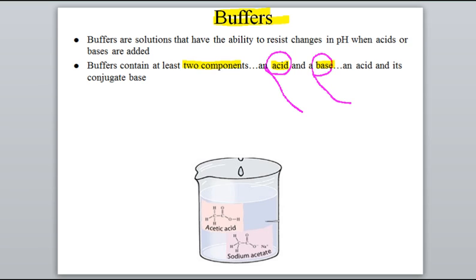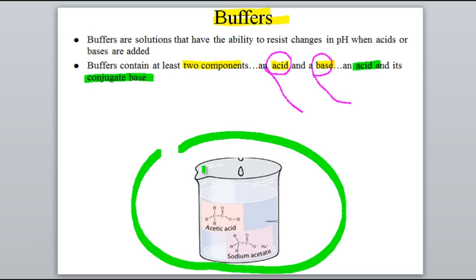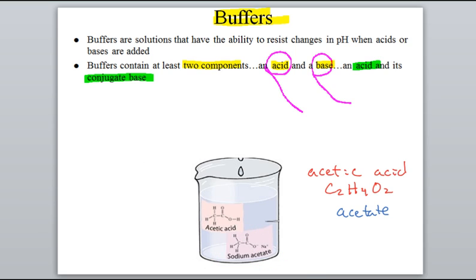When you make a buffer solution, you choose a weak acid and its conjugate base. So in our example down here, we have acetic acid and sodium acetate. Acetate is the conjugate base of acetic acid. Don't worry about the sodium, it's just a spectator. Acetic acid, if we wrote its structure, the formula for acetic acid is C2H4O2.